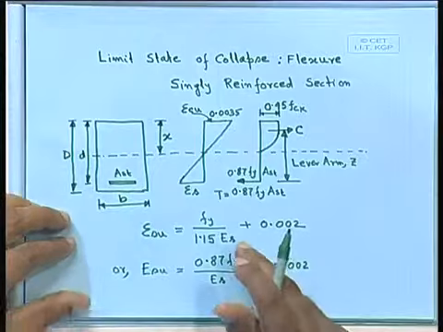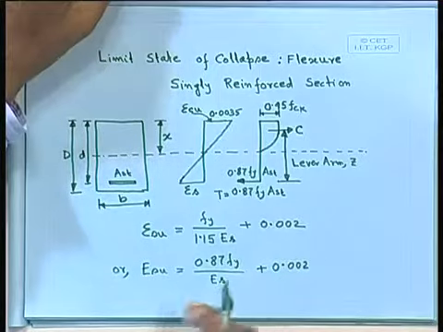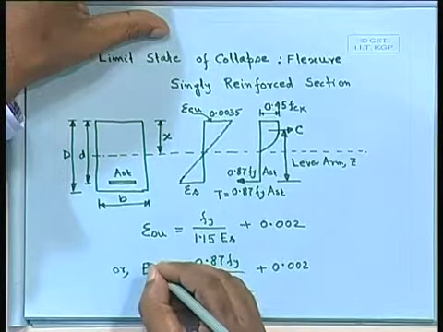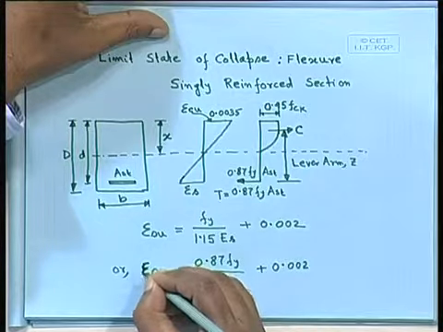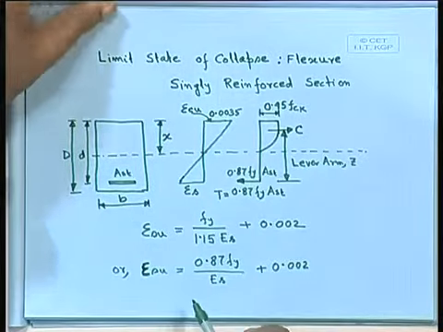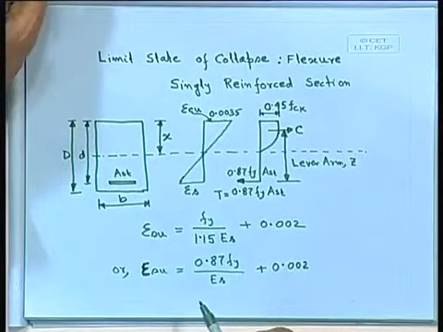So this is our corresponding strain. This one will be epsilon SU, that ultimate strain in steel.